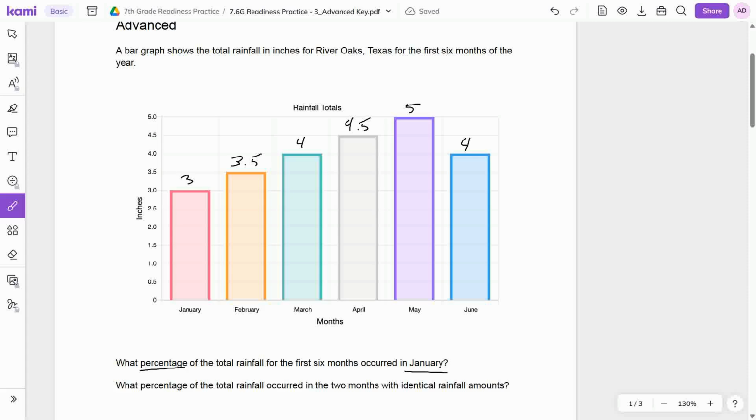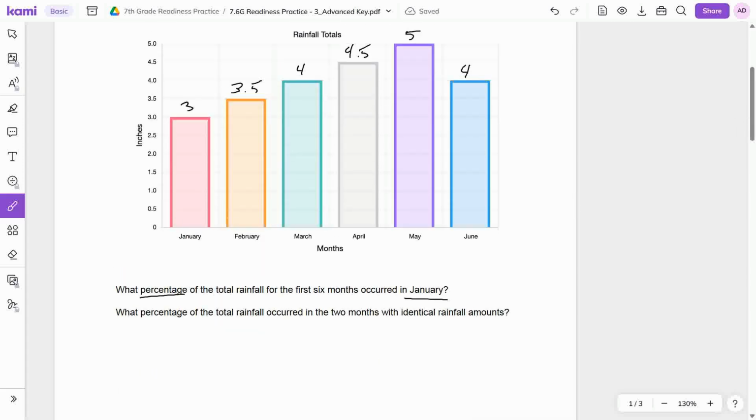Okay, so really what we're looking for, if we can bring it down here a little bit, we're looking for January over the total. And so that's going to be 3 over, all right, let's total this up here.